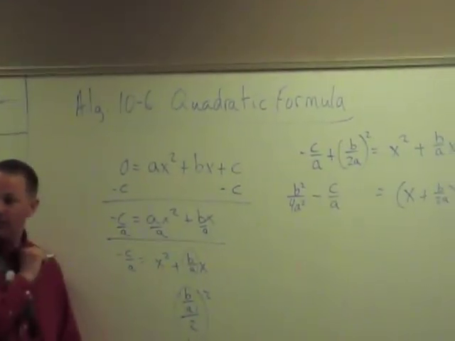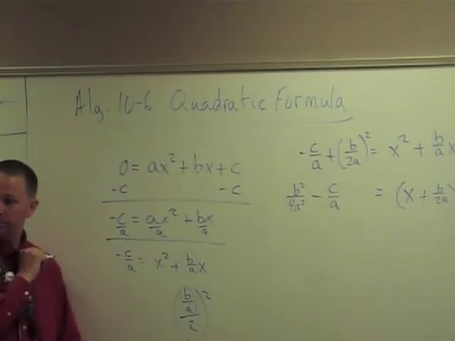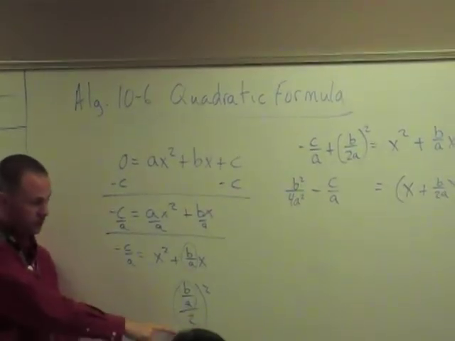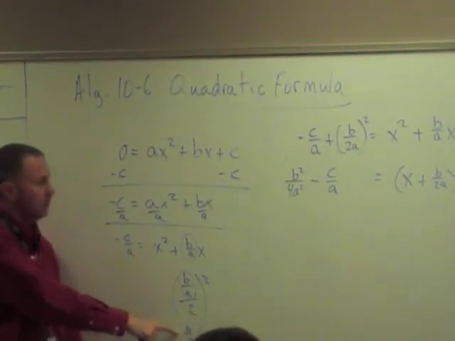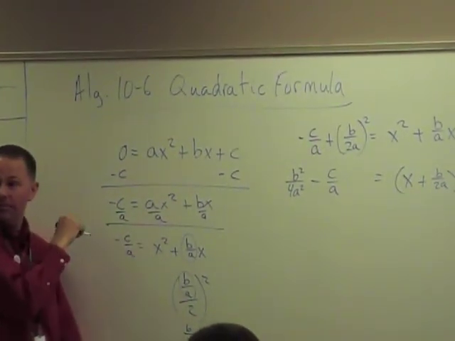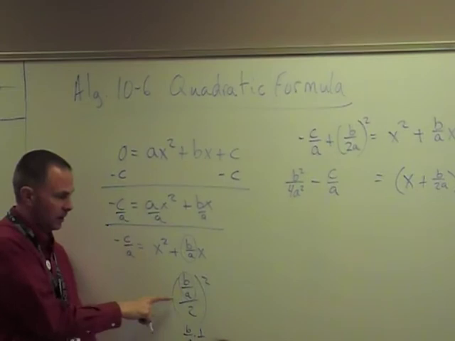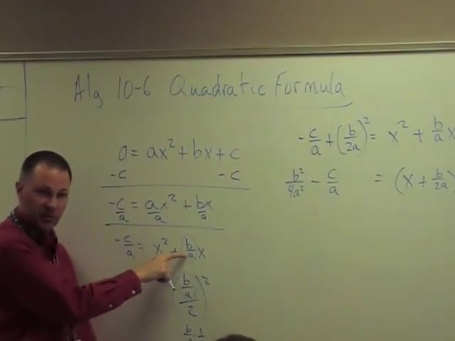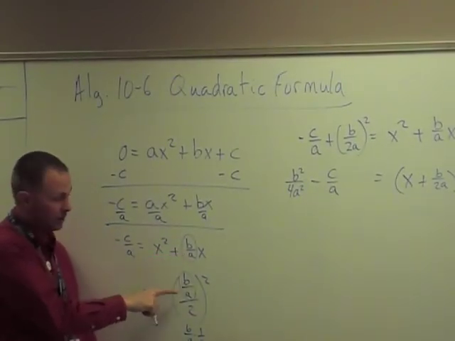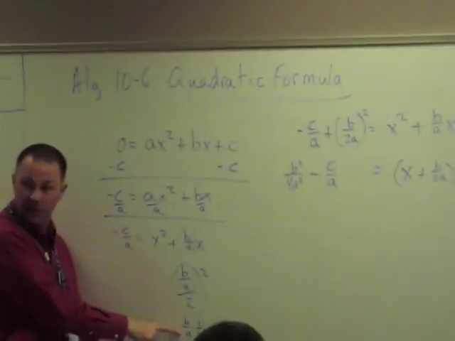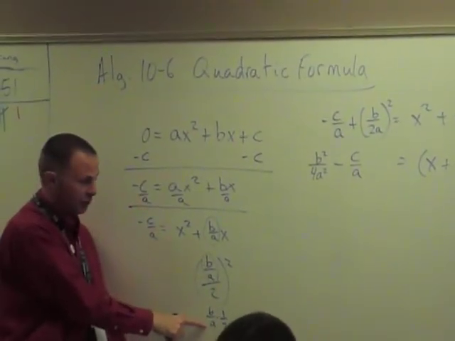Which step are you lost at? I get lost after the divide by a. Do you understand why we divide by a? Yeah. Okay. And then we took half of this position. This is the b position, which is what we did here, and we got b over 2a.